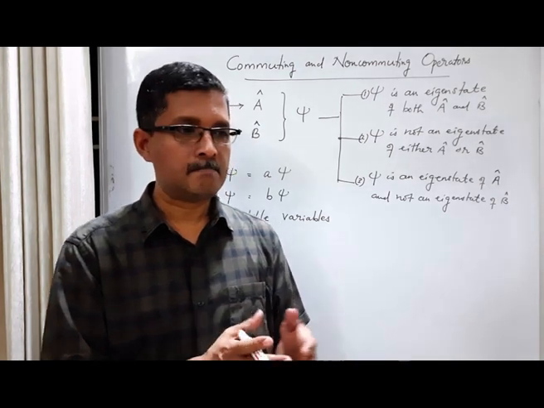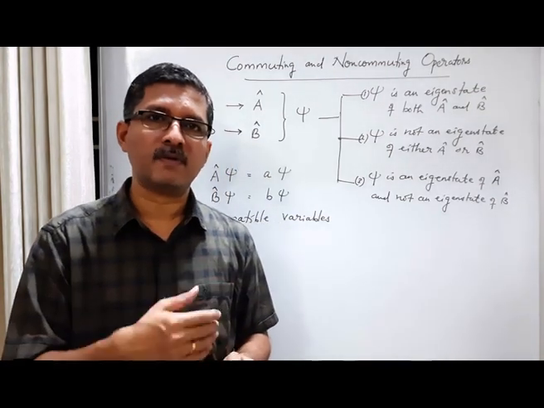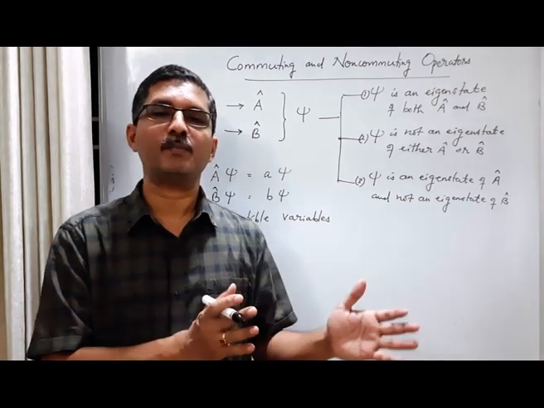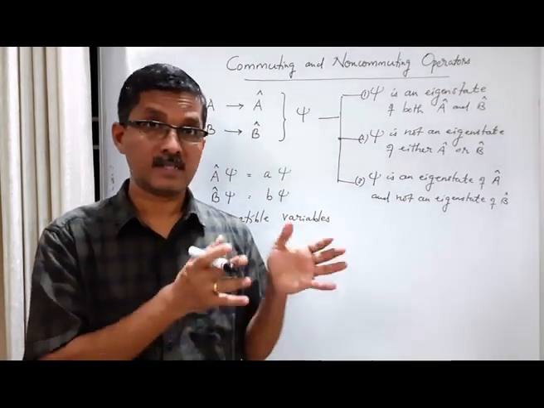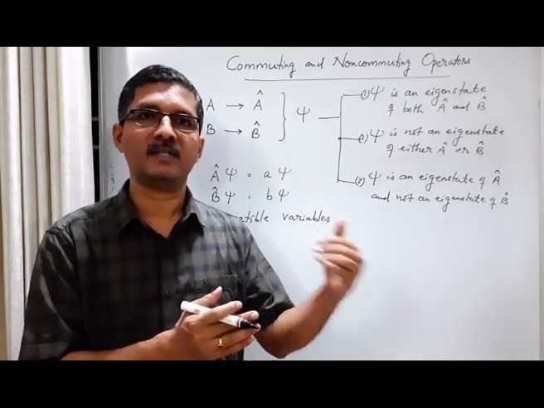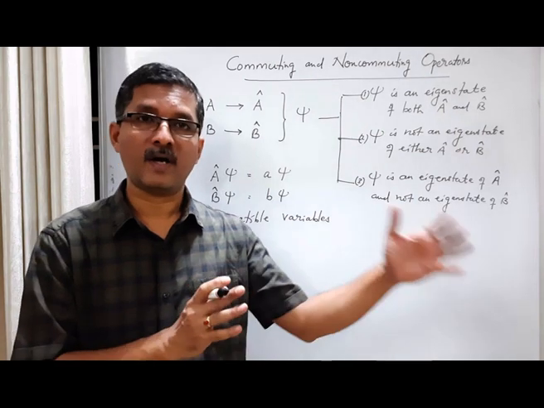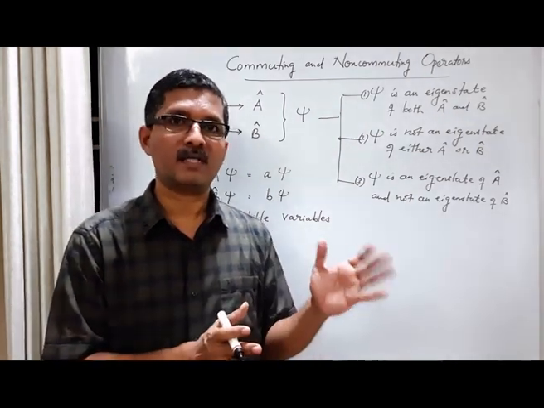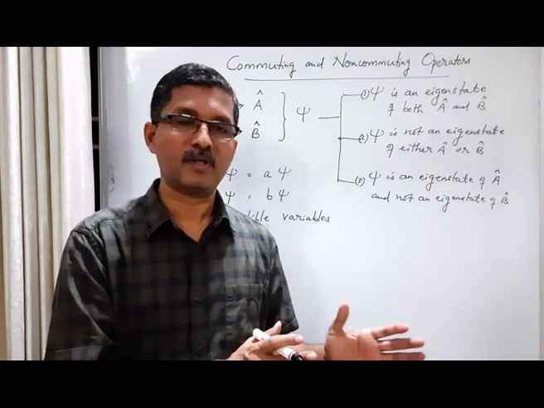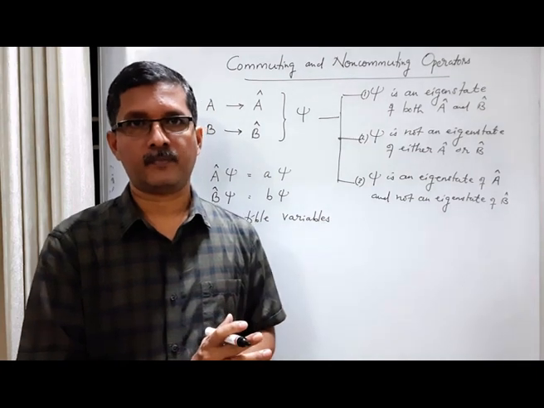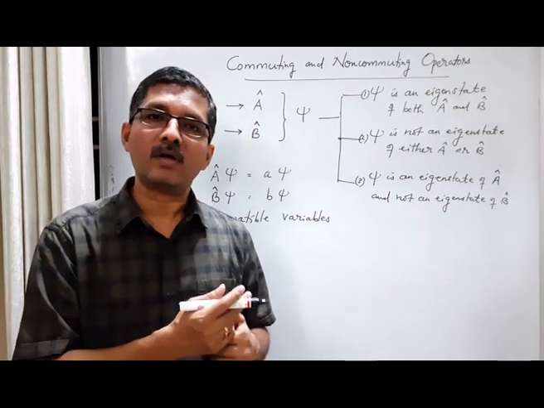First we measure A, we get small a, then we measure B, we get small b in the same member of the ensemble. So the sequential measurement first yields a, then yields b, and the final state is again psi. There is no change. Why? Because psi is the eigenstate of A and B. So measurement of A and measurement of B do not change the state. Suppose we change the order of measurement.